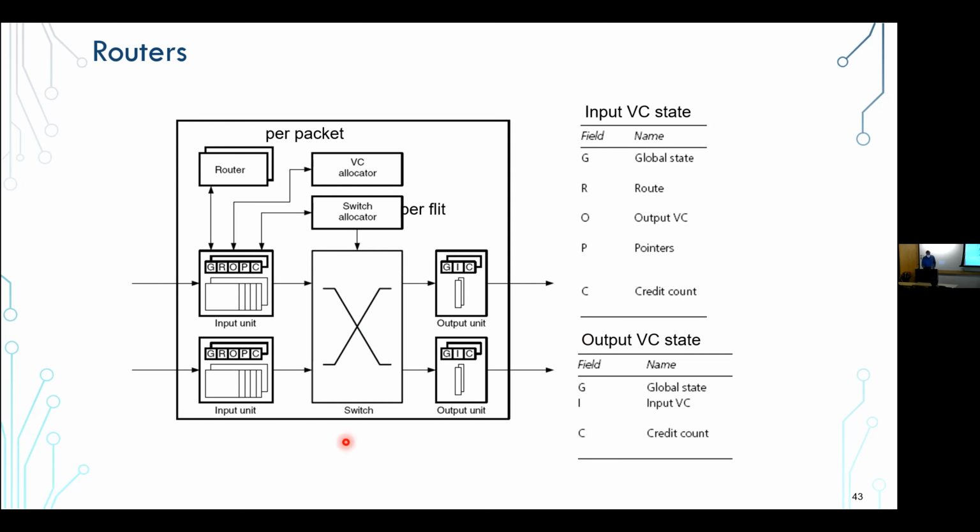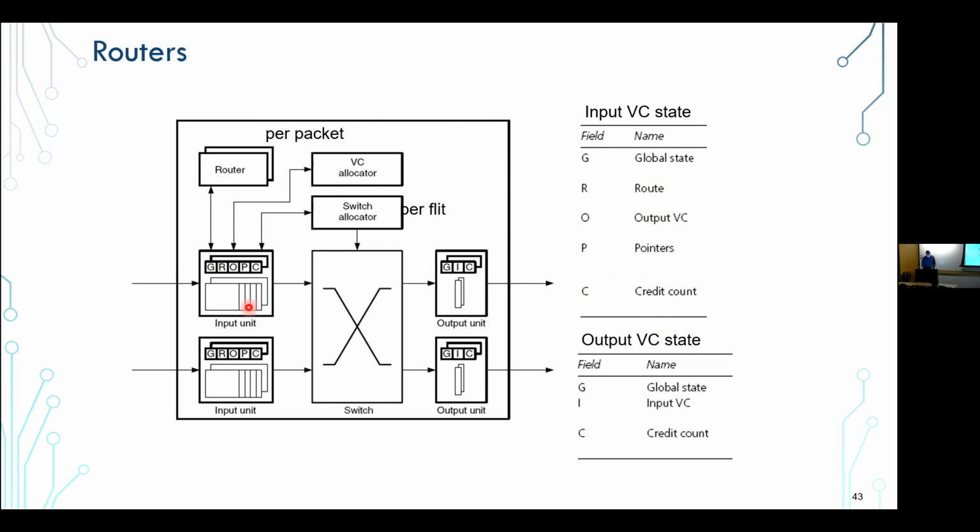So talking about the router architecture, we're going to go into some of these building blocks and see how we're going to implement them. If we look at the input unit, there are a few states you have to keep track of, right? There's a global state, there is the route, which route you're actually taking, what's the output VC that you're targeting, and then pointers, credit count, and things like that.